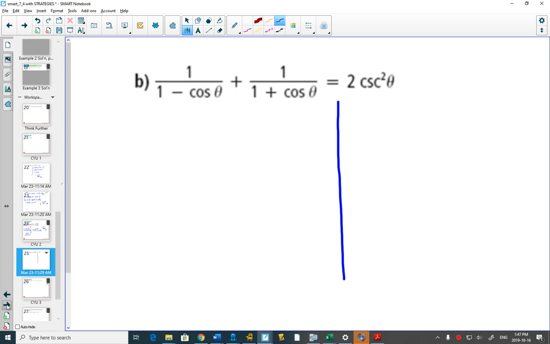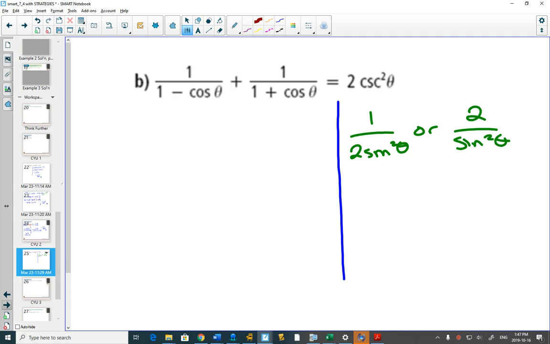When I change cosecant squared to sine squared, we have one of two options. Is this 2 over sine squared, or 1 over 2 sine squared?